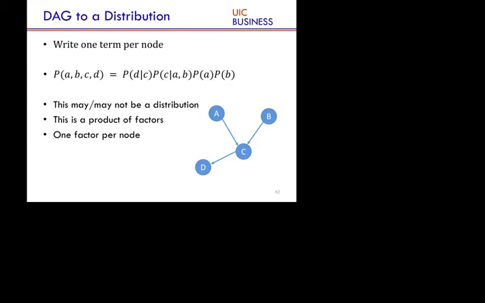Now this product was generated from this graph. From that product I defined this joint, for a particular configuration or realization. This quantity may not be a valid distribution, in the sense it may not sum up to 1 if I add up over all A's, all B's, all C's, and all D's, because I went from a graph to a definition for the joint probability.